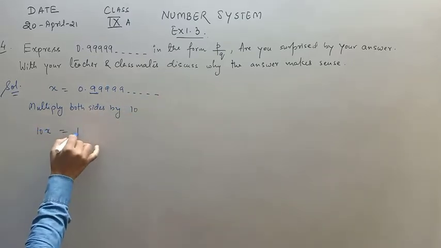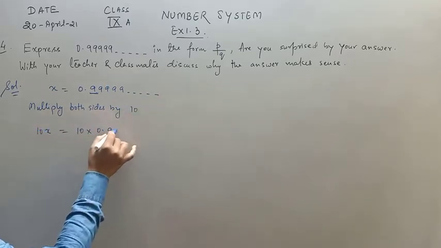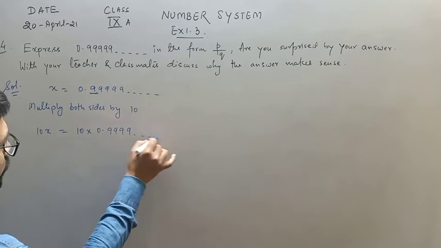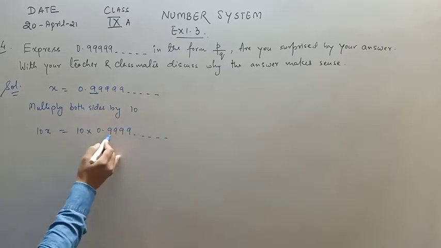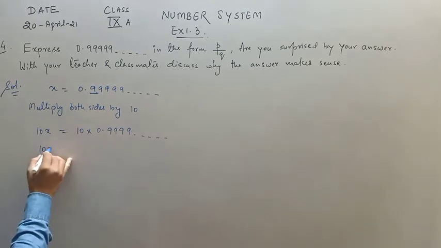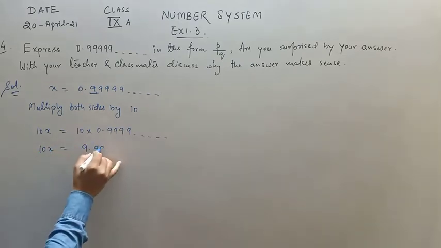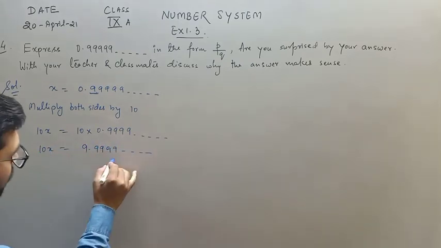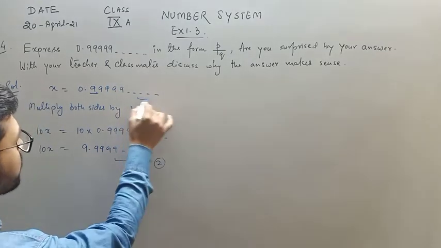So 10x equals 10 into 0.9999 and so on. When I multiply 10 with this, the decimal will shift to the right hand side. Let's say this is the second equation and this is the first equation.